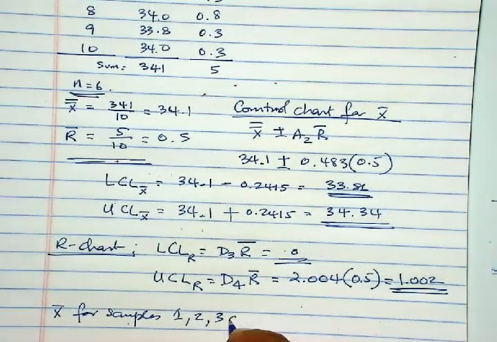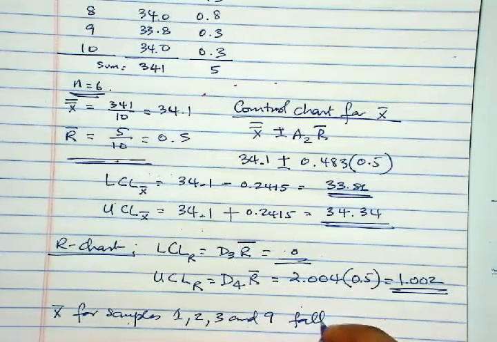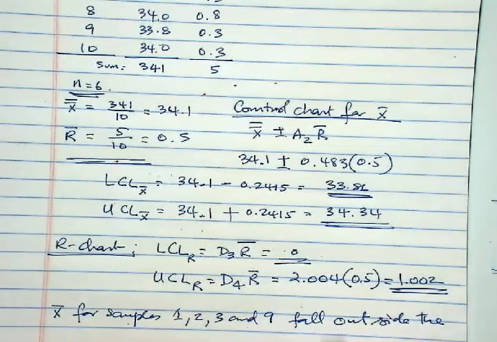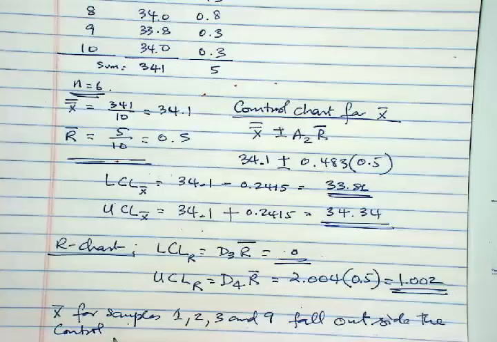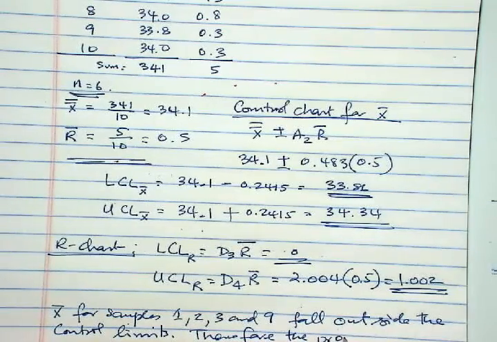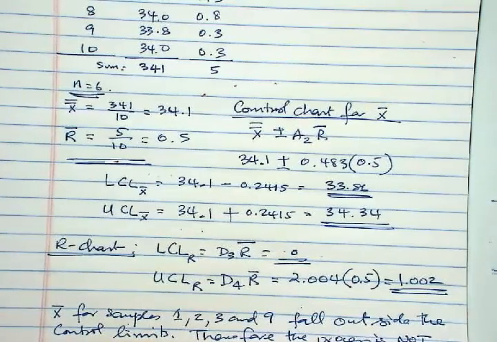So 9 fall outside the control limits. Therefore, the process is not in control.